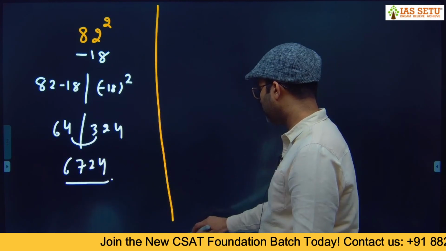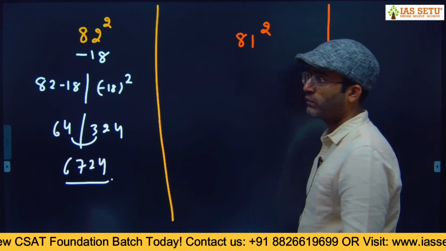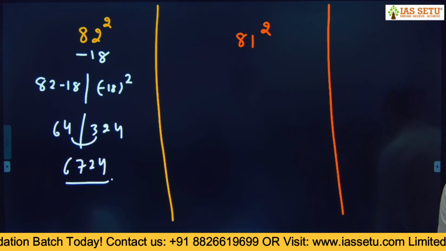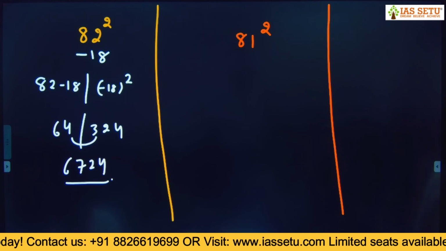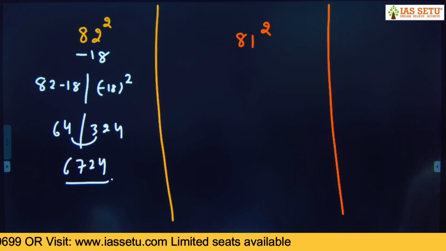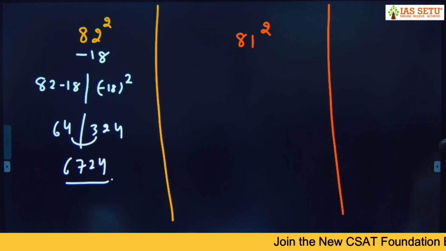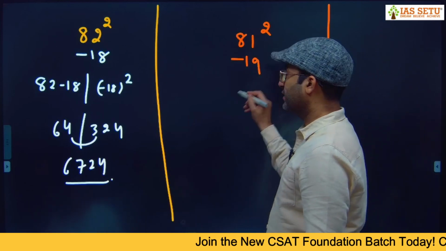Try one more just to check. 81 square. Then minus 19.